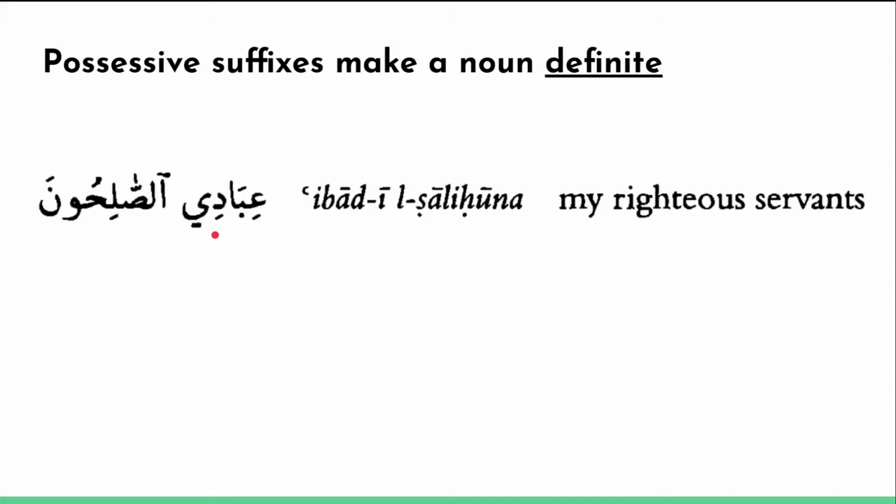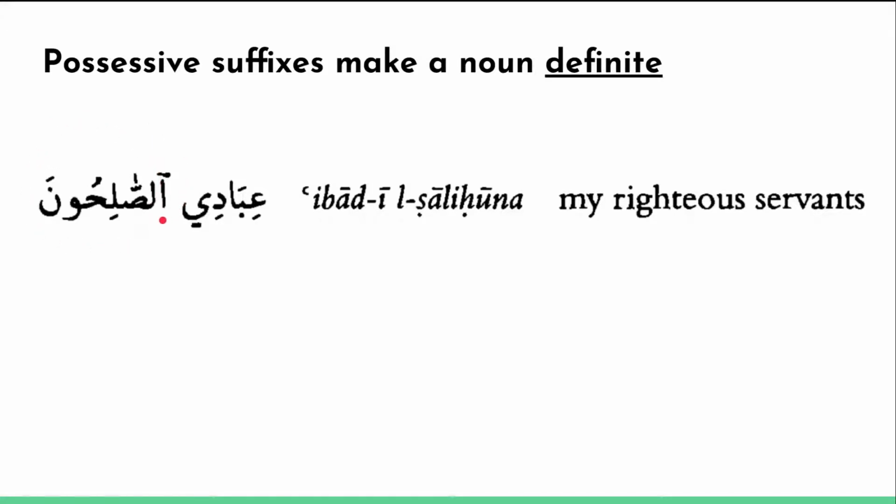Okay, so what do I mean by that? Well, ibadun by itself is indefinite. Servants in general, I could be referring to any servants. But when I say ibadi, my servants, now I'm referring to a specific group of servants. And so when I'm using the adjective to describe it, it also has to be definite.